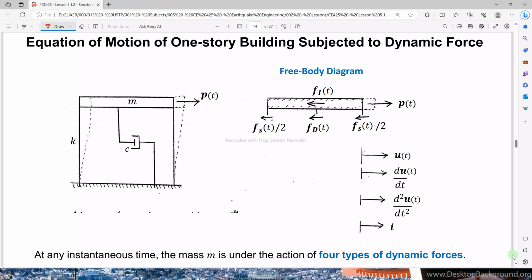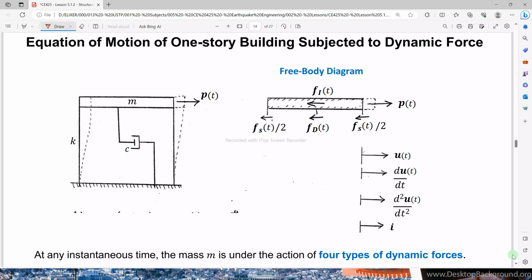And then we know that the elastic restoring force caused by the stiffness of the column is not enough. The behavior of this structure will become unrealistic. That's why we apply the energy absorbing element.